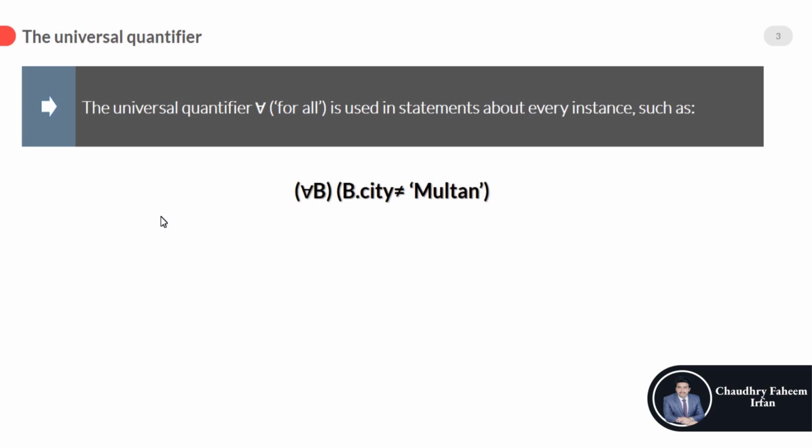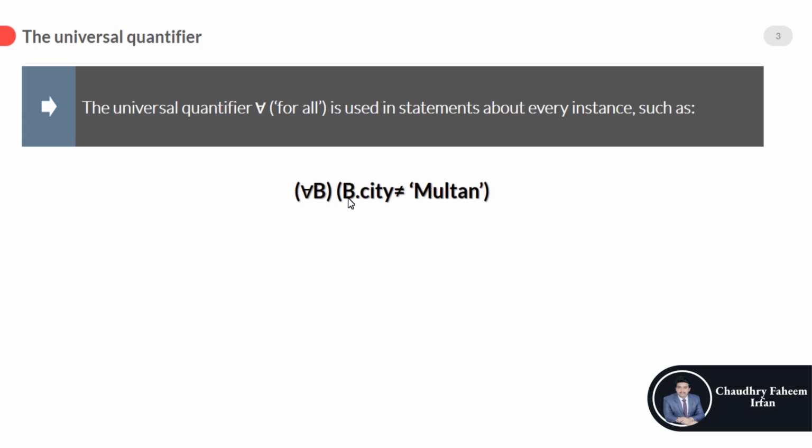The universal quantifier, represented by this symbol for all, is used in statements about every instance. You know that an instance is a tuple or row in any DBMS, such as we are going to apply the universal quantifier on B, which means B is a tuple variable. You can say B dot city.